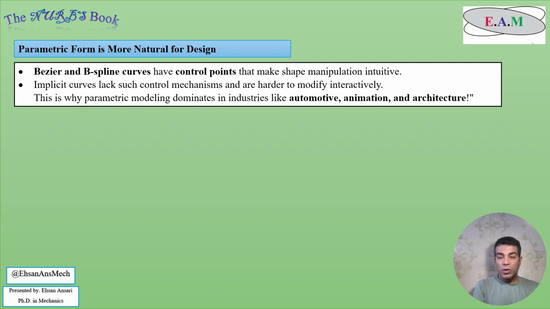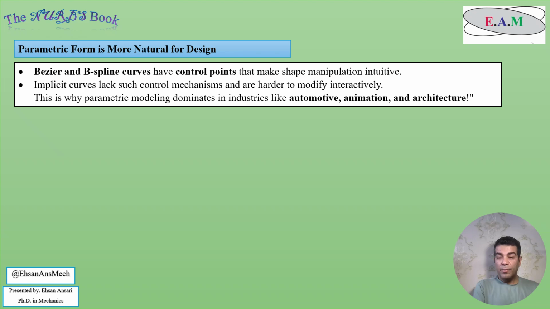Parametric representations are inherently more intuitive for design, especially in computer-aided design and 3D modeling. Unlike implicit curves, parametric curves, such as Bézier and B-spline curves, are defined by control points, giving designers direct and flexible control over the shape.